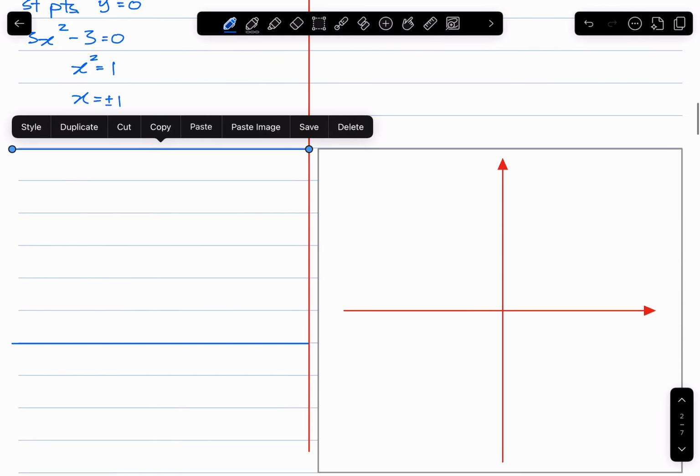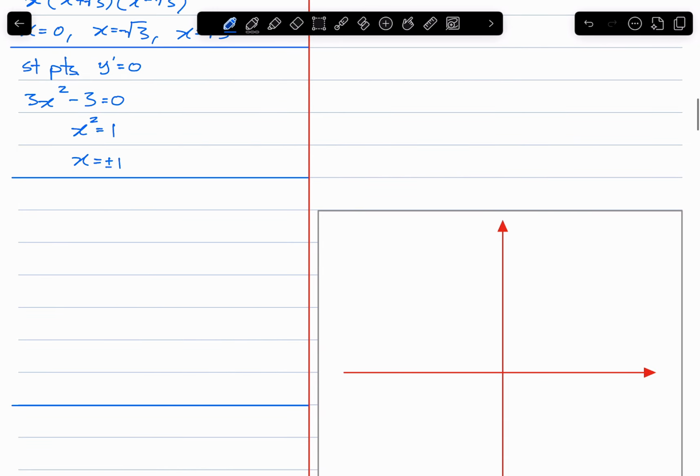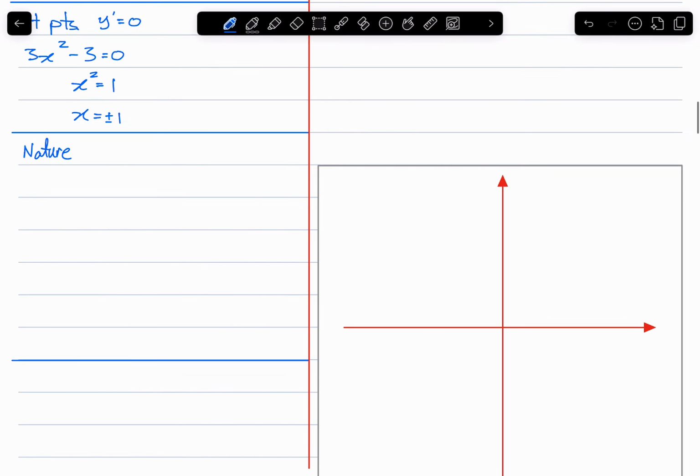Then from here, we find the nature of these points, determining whether they are maximum turning points or minimum turning points. To do this, we substitute them into our second derivative. I'm going to do this with negative 1 first.